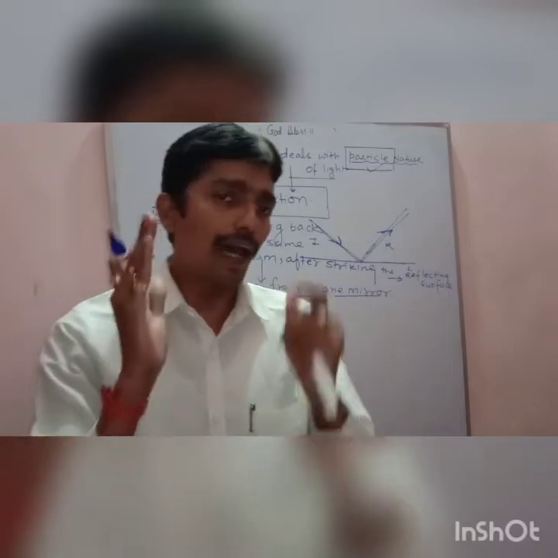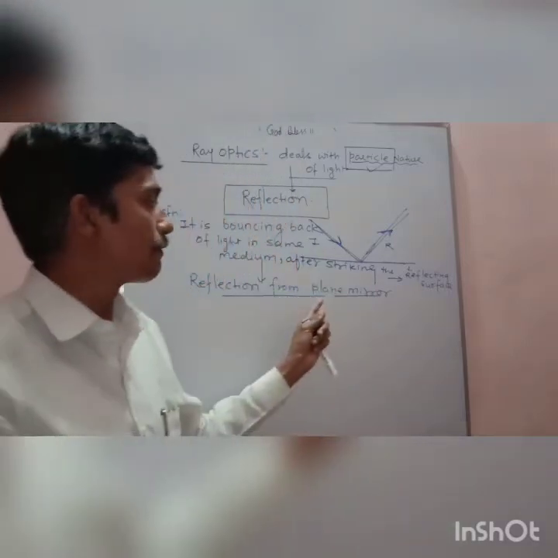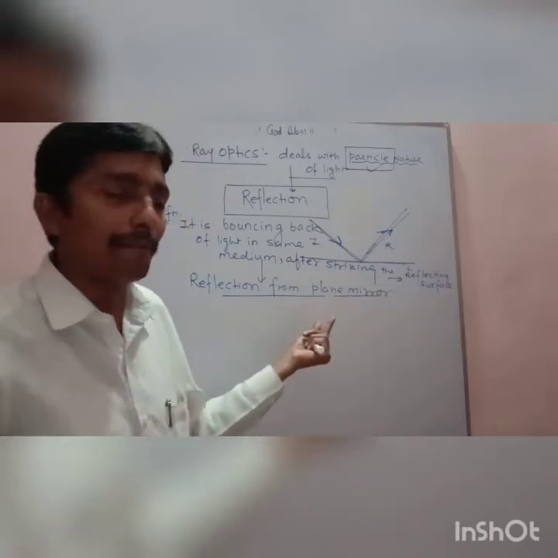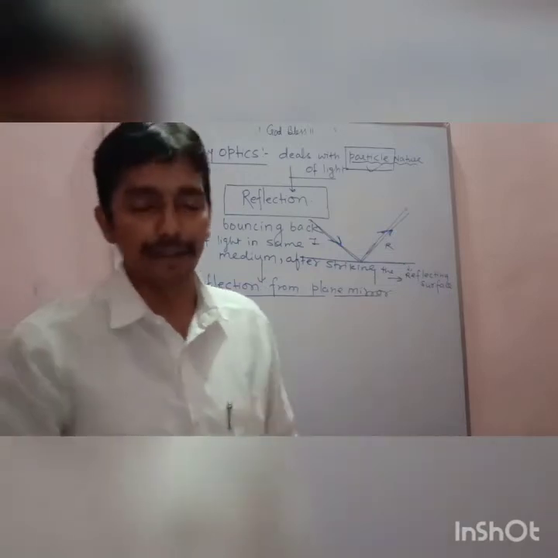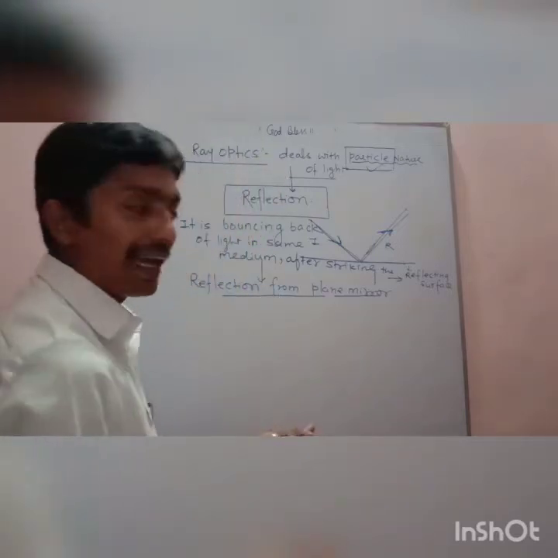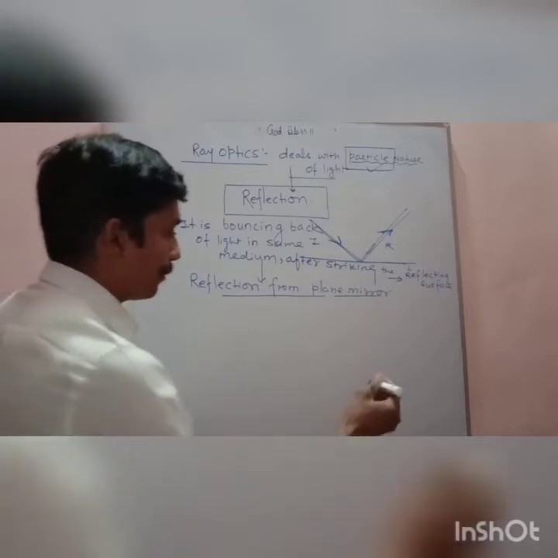Am I clear? So I wanted to explain the laws of reflection simultaneously with one diagram of reflection from plane mirror. You can see here on the board that, for example, here I have taken the plane mirror in front of you.